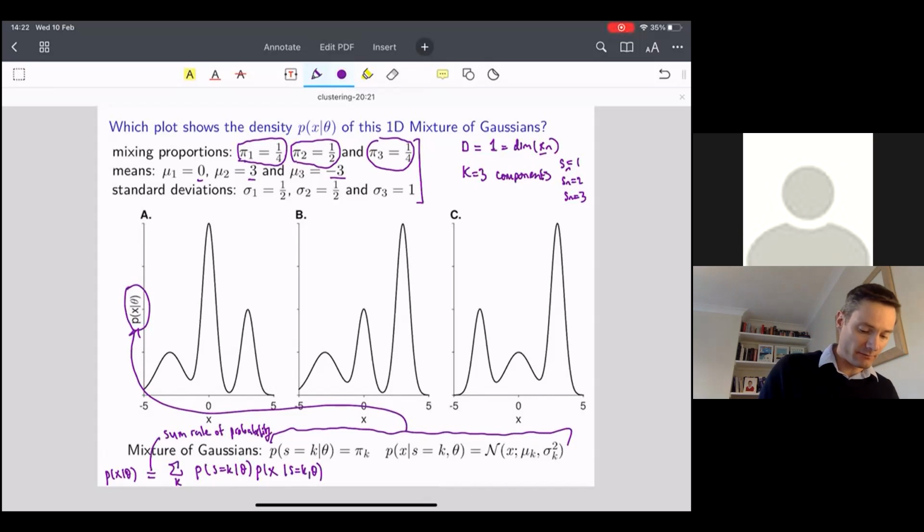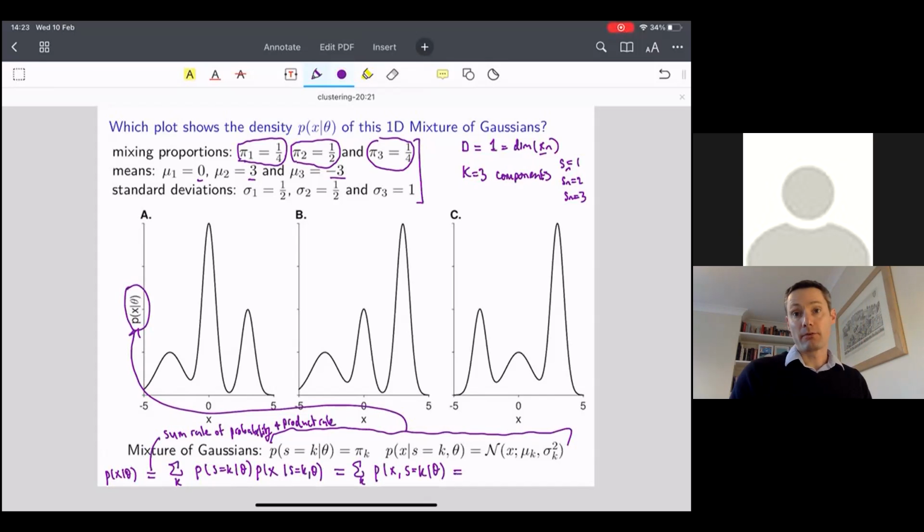Just notice, for the sake of generality, that this thing written in here is nothing other than the joint over s and x. I've actually been a bit sneaky here. It's the sum rule plus the chain rule, the product rule, used together. So this is the way to form the marginal distribution p of x given theta, given the specification for the model.